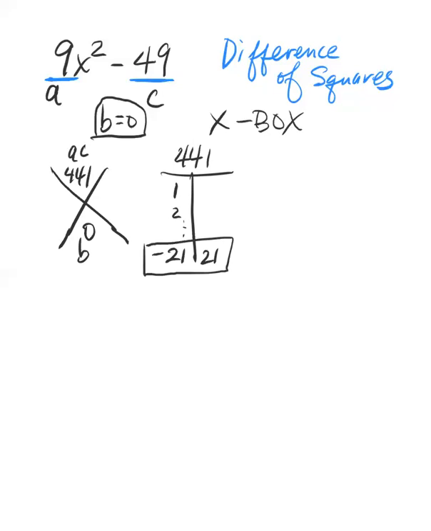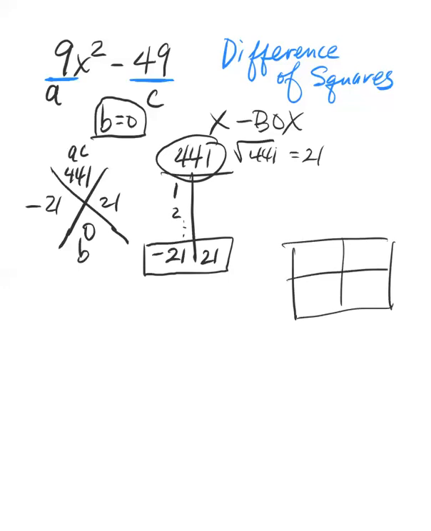Okay, one thing that you can always do is, because we know that this is difference of squares, I can take the square root of 441, which gets me 21. And I'll show you the shortcut in red after this, so you don't have to do all of this. But here is our box. 9x squared goes here. Negative 49 goes here. 21x and negative 21x, they both go into here.